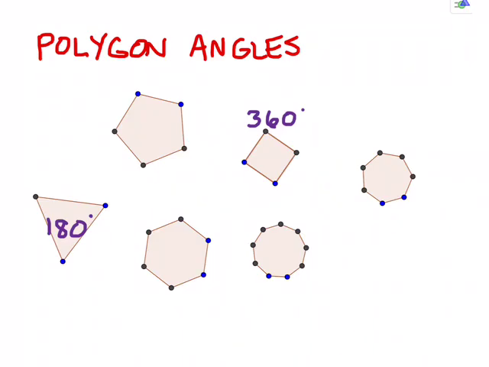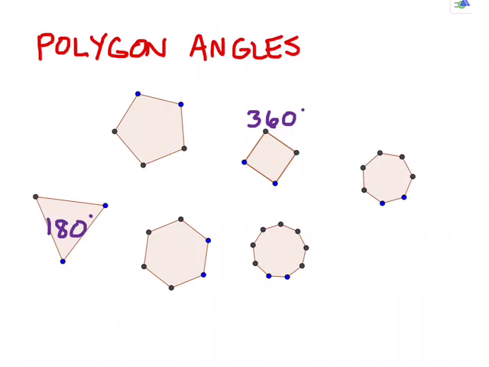And rather than memorize all of these, the better thing is to actually understand where this idea comes from so that you can easily calculate how many should you encounter one you've never seen or you forget something. Basically, the number of degrees in a polygon comes from the number of triangles that fit inside of it. So our starting point is always going to be this idea of a triangle has 180 degrees.